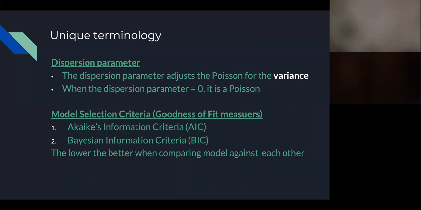If the dispersion parameter is 0, then it is a Poisson. Two important terms for measuring goodness of fit when determining the right model to select are Akaike's information criteria, AIC, and Bayesian information criteria, BIC. The most important thing to know is that you select the model with the lowest value for these parameters.